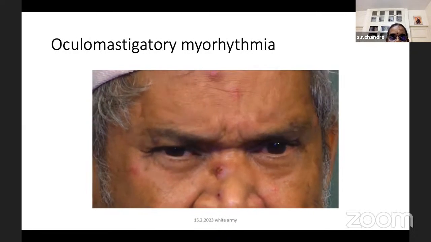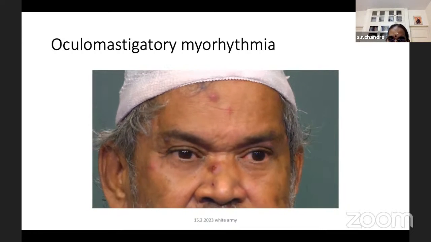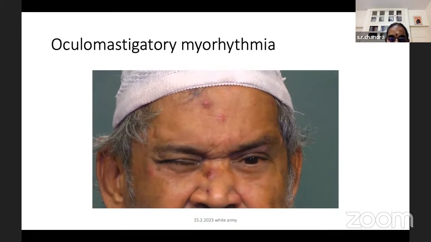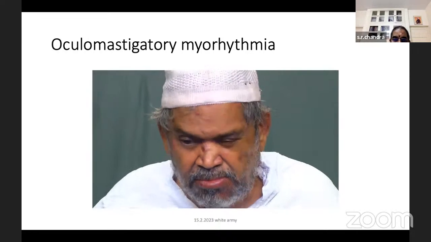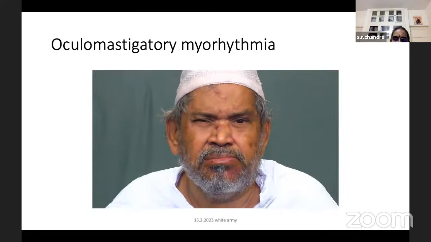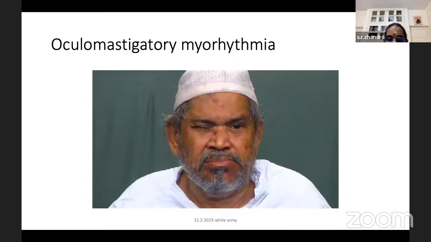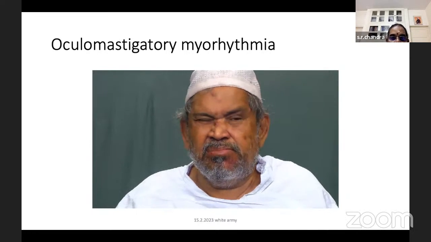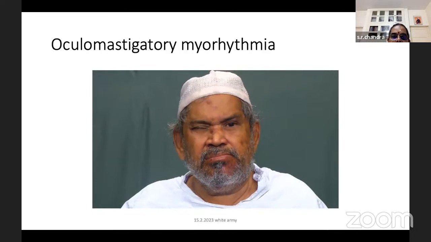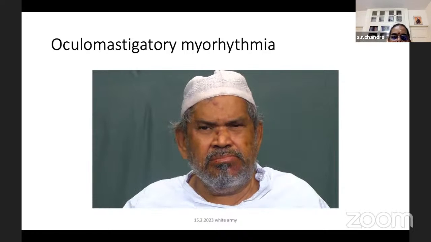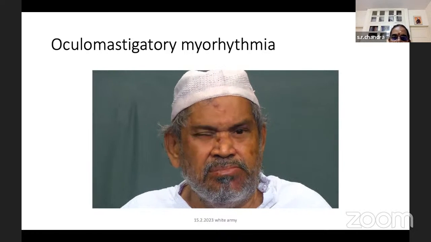Very diagnostic of Whipple's disease. Because these are all treatable provided the appropriate medicine is started. So this oculomasticatory myorhythmia is a classical clue for Whipple's disease.